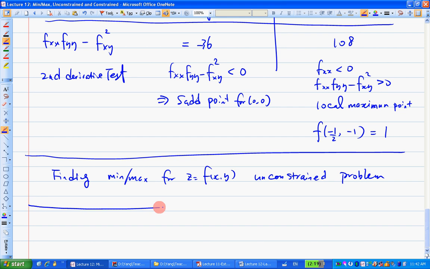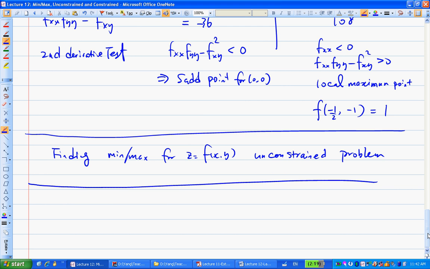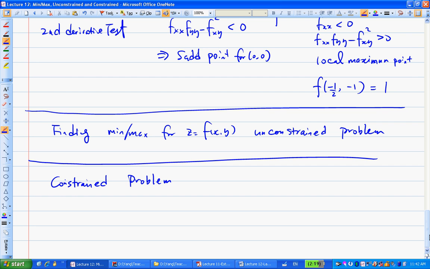Now the next one here is, things are not always so shiny, so there's always a constraint. So that was unconstrained, and this is a constrained problem.